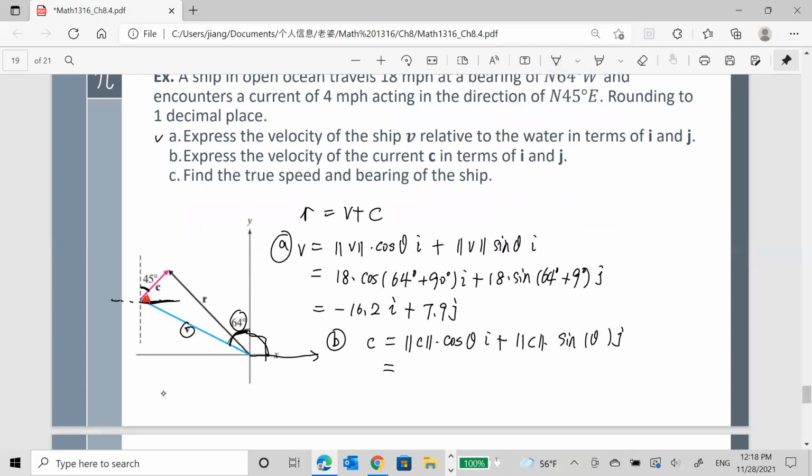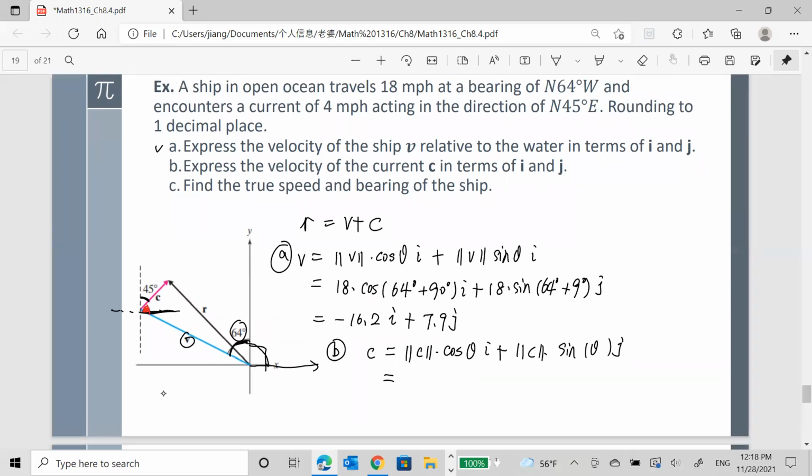So c times cosine of 90 degrees minus 45 degrees i plus the magnitude of c times sine of 90 degrees minus 45 degrees j.